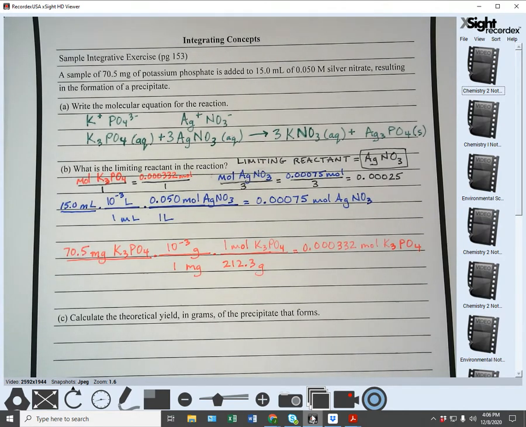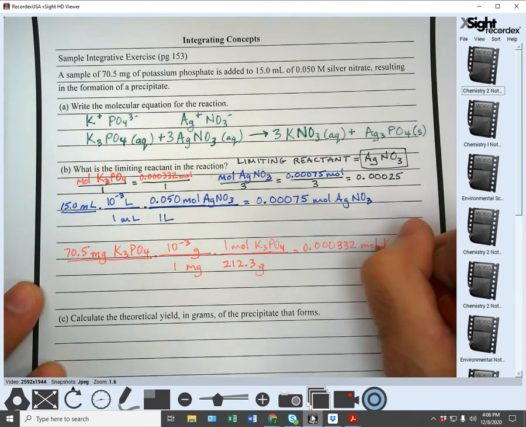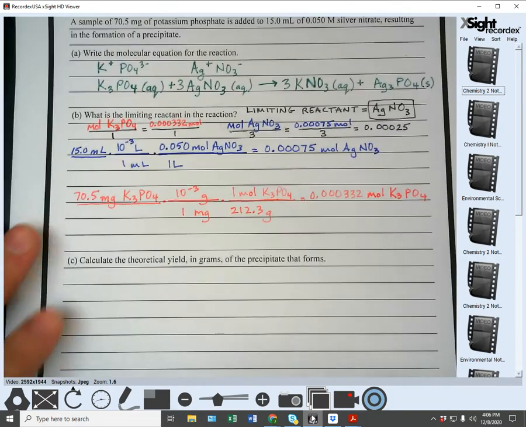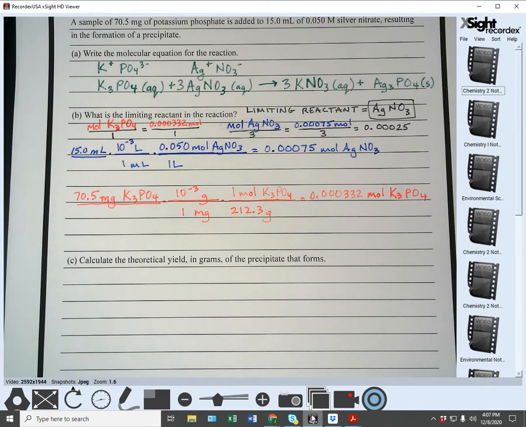Now, part C, because yes, this is not done yet. All right. Calculate the theoretical yield in grams of the precipitate that forms. All right. So theoretical yield. There's a couple of ways you can do this.